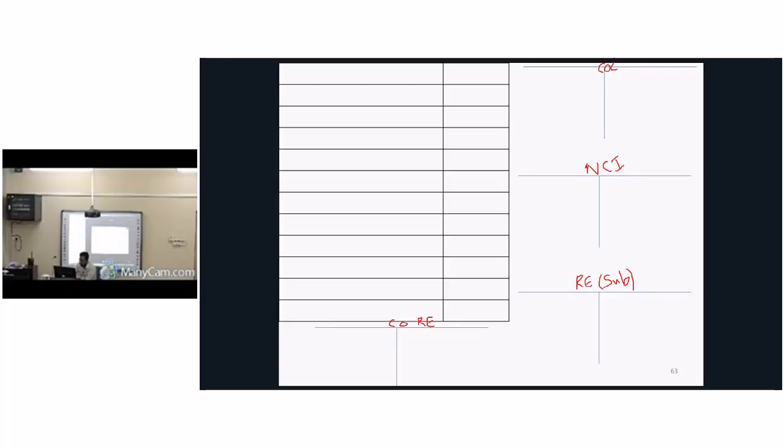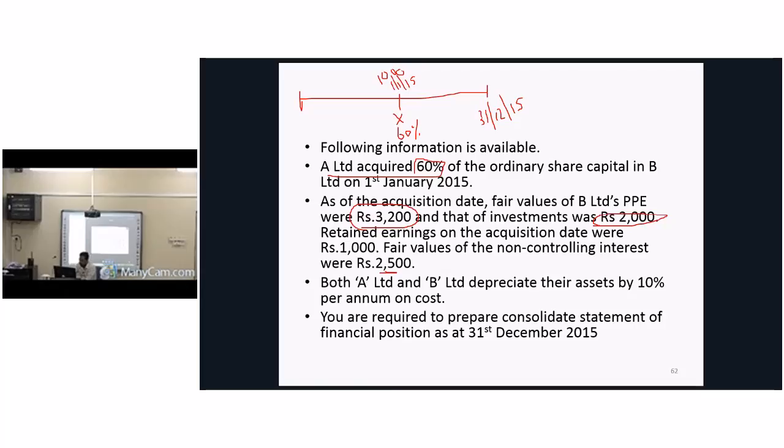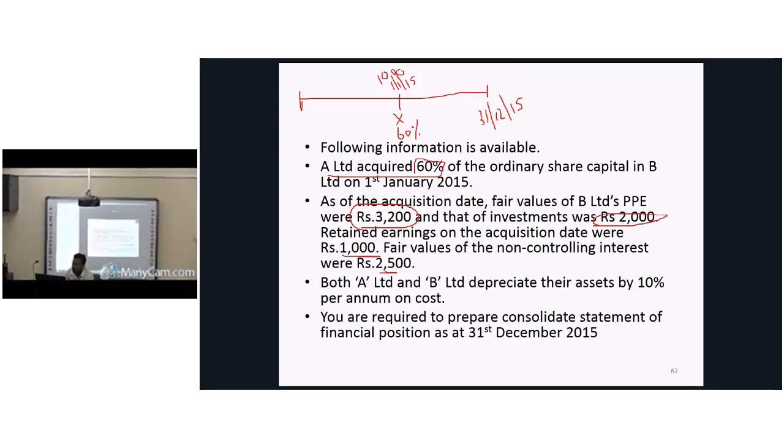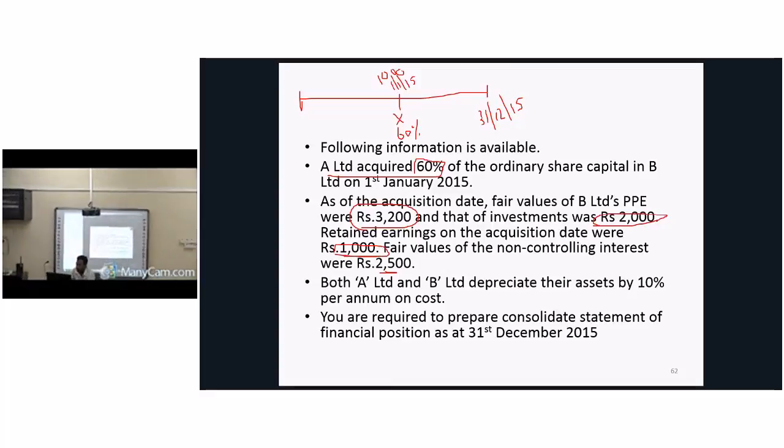Now, first entry that I am going to pass, we'll do fair value adjustment for PP and investment later, but there are two other amounts here. Retained earnings on the acquisition date and fair value of NCI.